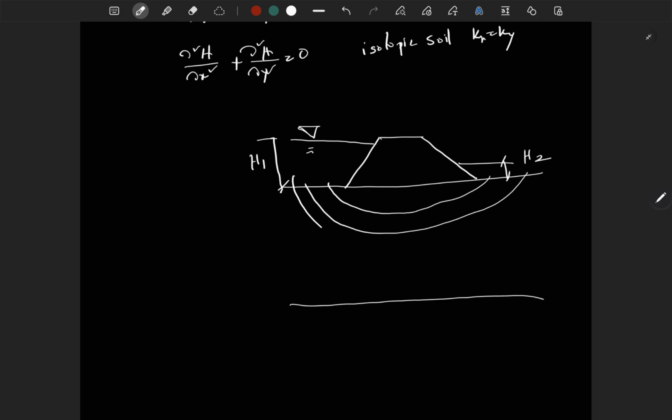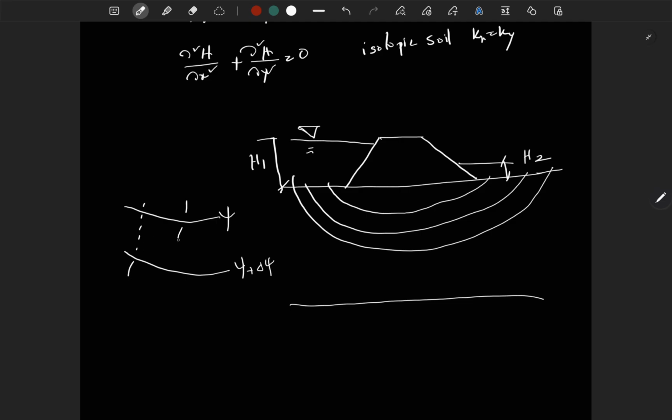To easily understand this, let's draw a flow curve first. Maybe the water is flowing this way. This is your stream line. Let's consider this psi, and this one will be psi plus delta psi. There will be an equipotential drop because of the pressure difference.